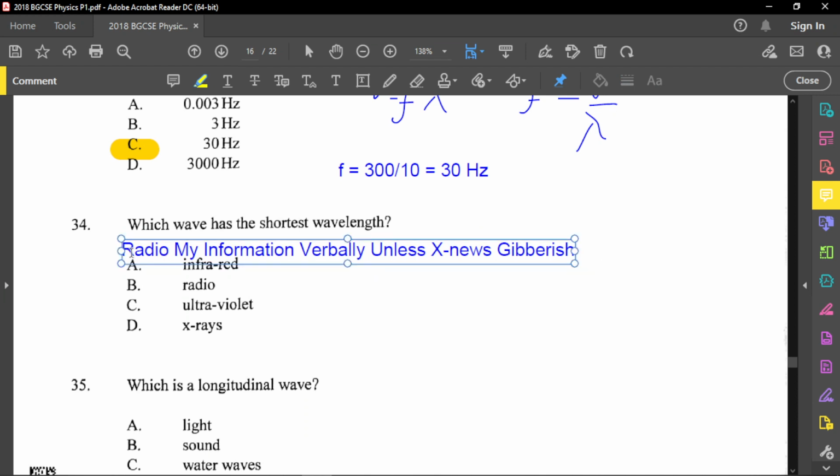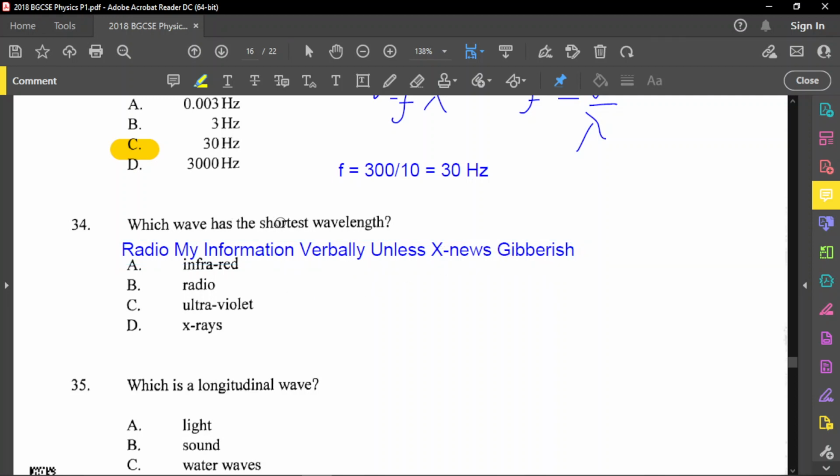Just remember that R is radio, and it's the longest wavelength. M, which is microwaves, will be the next in line, and then I, which is infrared. V is visible light, U is UV light, X is X-ray, and G is for gamma ray.